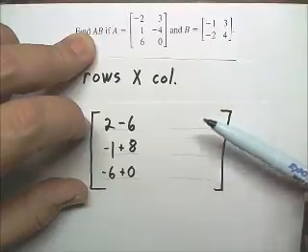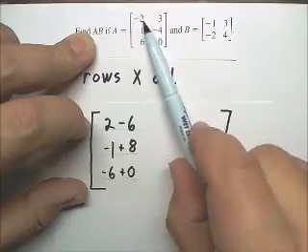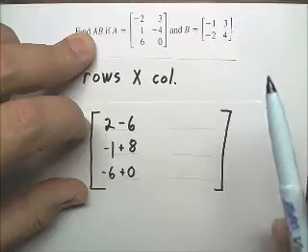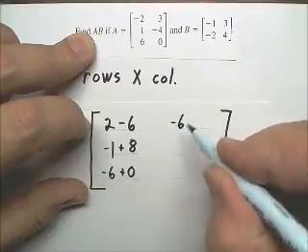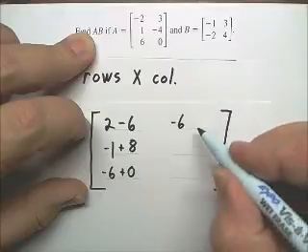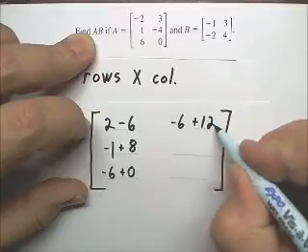Now let's see, to get the upper right hand corner, we'll be taking the top row times the second column. So that's a -2 times -3, that's going to be a +6, and 3 times 4 is +12.